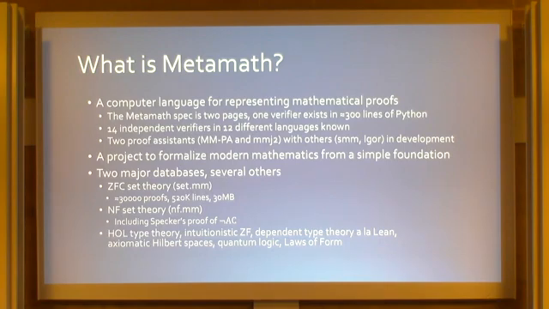Here are some examples of other MetaMath implementations of different logical systems, including Hull and intuitionistic CF, dependent type theory, like the way in which Lean does it, which I tried to model, as well as a few more unusual ones doing Hilbert spaces or quantum logic and the laws of form.